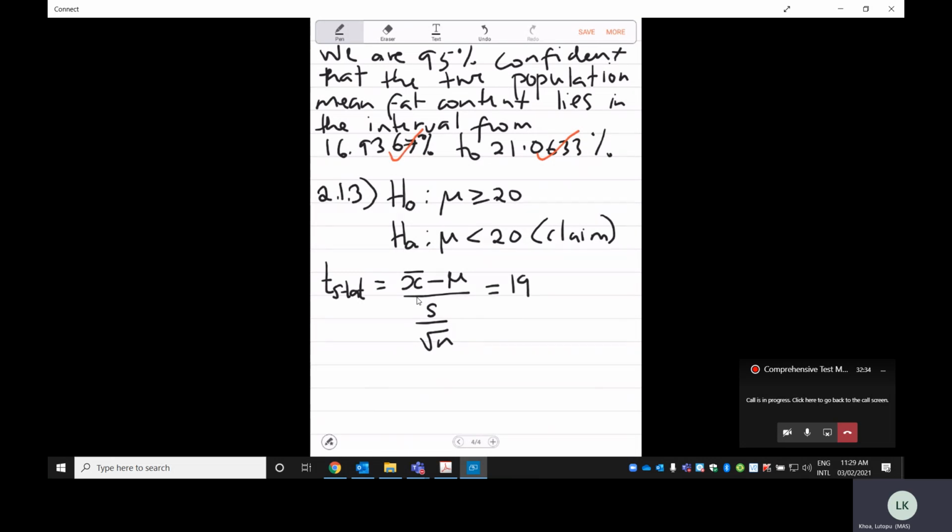This is 19 minus 20 over 3.2474 over the square root of 12. And this is equal to negative 1.066730805. Okay, so I approximated to 1.0667. So this is my test statistic.